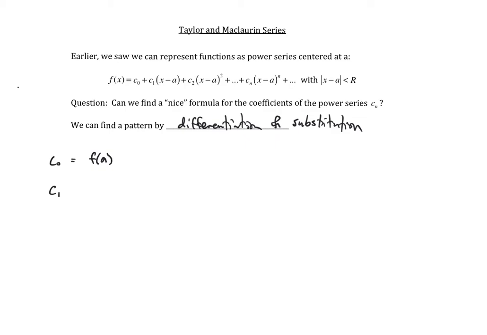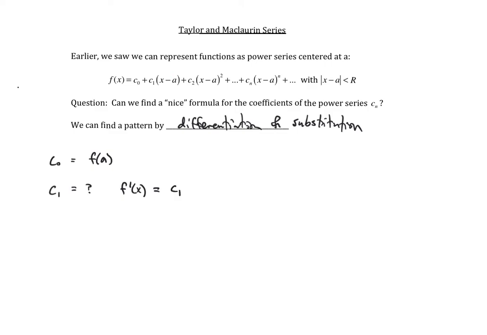Okay, so what about C1? How am I going to calculate what C1 is going to be? Well, what we can do is first take the derivative, f prime of x, and let's see what we get. When we take the derivative, the C0 term disappears. The derivative of the second term, C1 times x minus a, is just going to be C1.